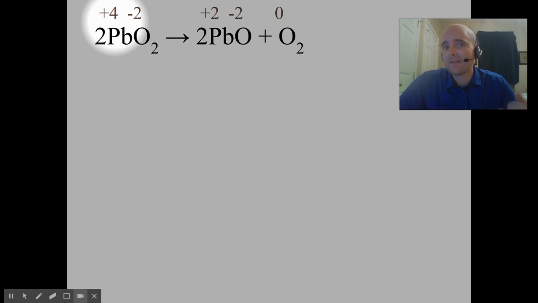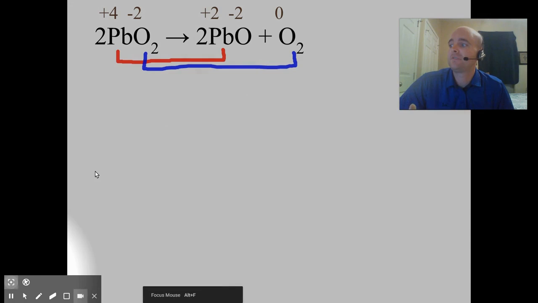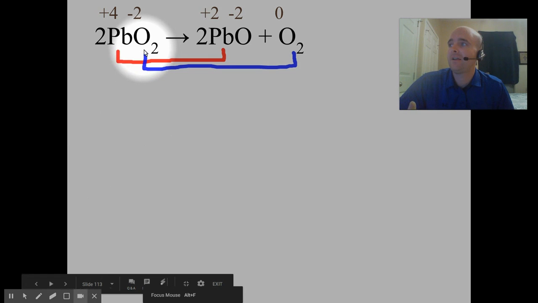Now that you've assigned the oxidation states, go ahead and draw your tie-ins. Draw those little boxes just to see where the states are changing. If you pause the video and try to draw them yourself, you might have run into a situation where you had oxygen here was definitely going to be changing, but now you had two oxygens to pick from, so which one would you pick?